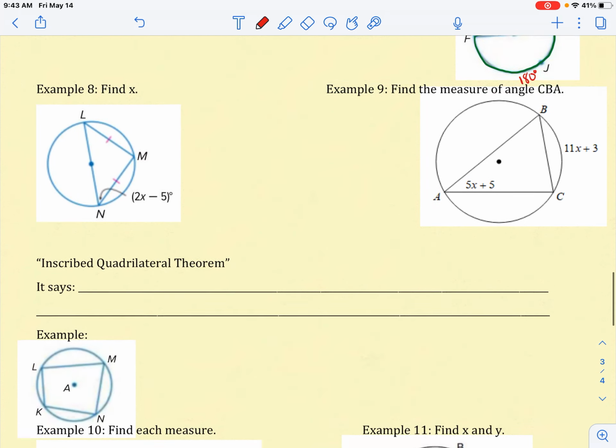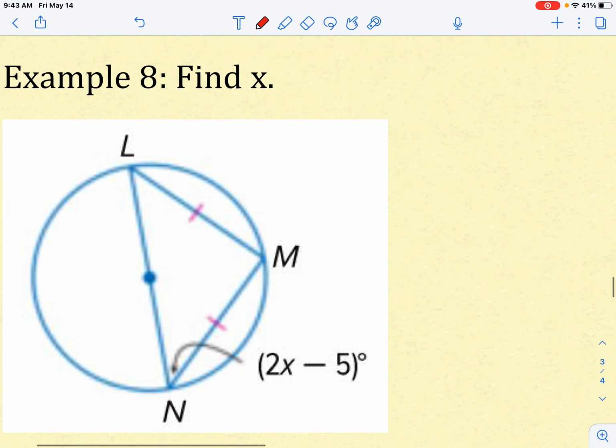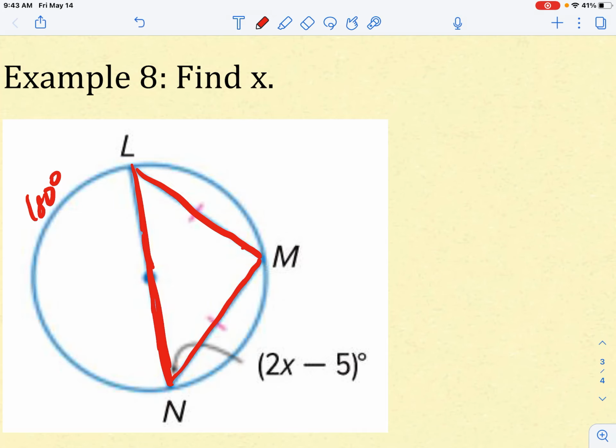So, if we look at this problem number 8, find x. Well, look, we've got one side is the diameter. So that means that this arc is 180, and angle M is half of 180, which is 90.